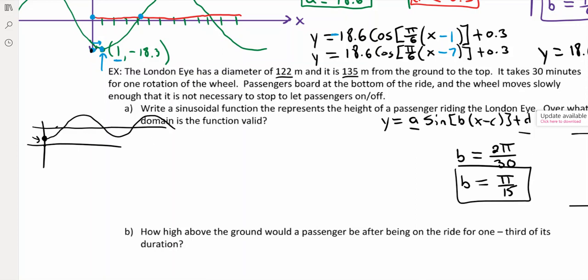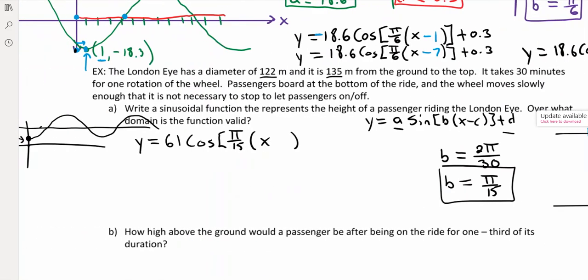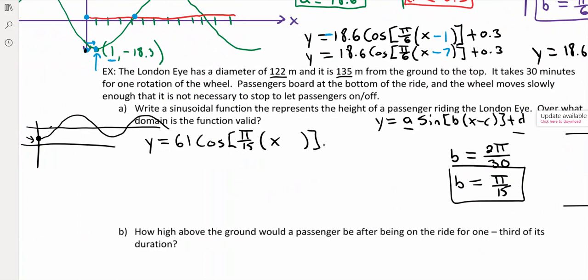So let's write out y is equal to, and then our a value was 61, the radius of the circle, really. And then cosine, and then our b value was pi over 15. And then x, I don't know c, so I'm just going to leave that for a second. And then our d value was 74. So plus 74.